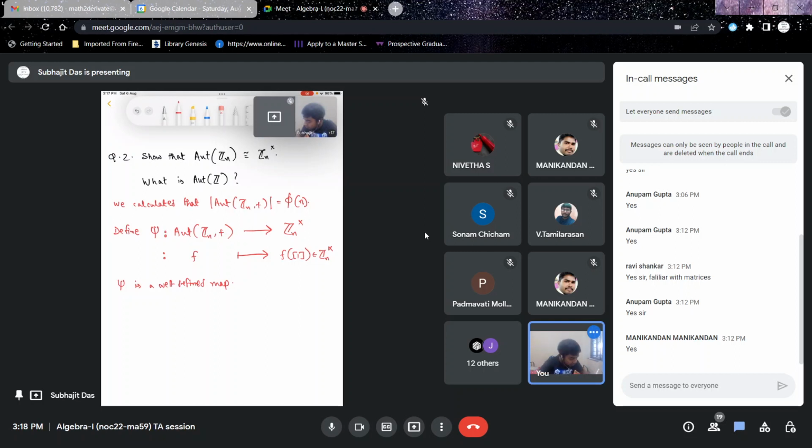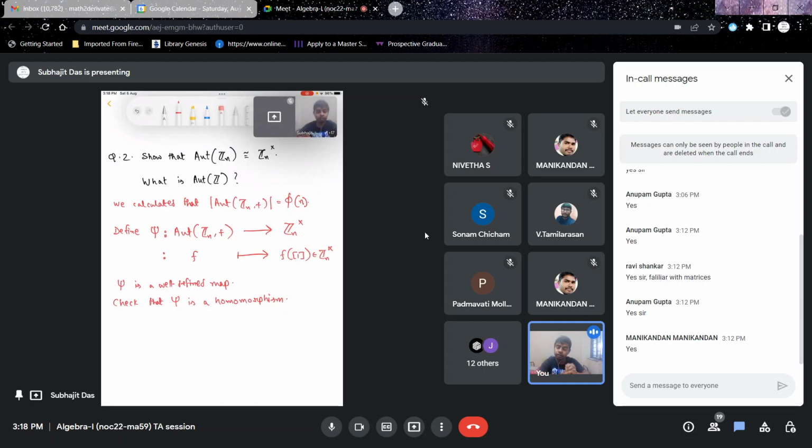So check that Psi is a homomorphism, but that's not enough, right? You also need to prove that it's an isomorphism, so in other words, you need to prove that the map is bijective.